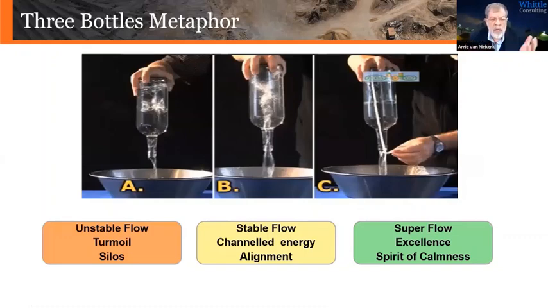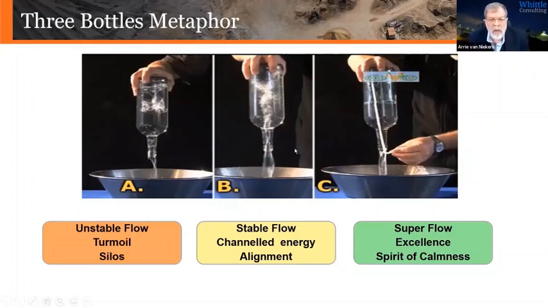Bottle 1 is the one on the left. I just call it bottle 1, bottle 2, and bottle 3. And by the way, this is also available on YouTube if you want to have a look at the more detailed version of it. In the first bottle, I'm just going to overturn the bottle and let it flow. And then I'd like you to observe what happens to the flow in the bottleneck itself, and then secondly, inside the bottle.